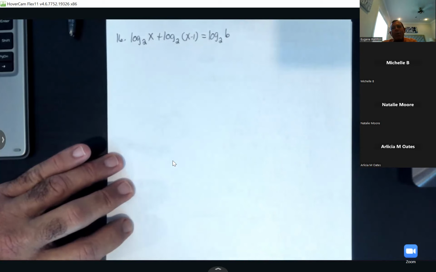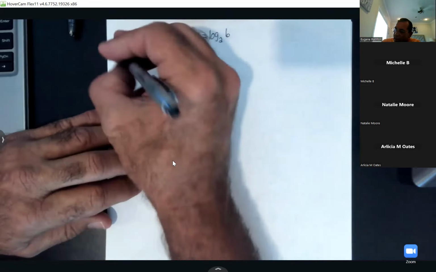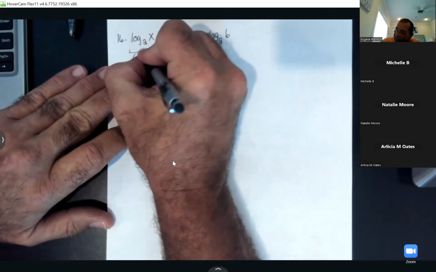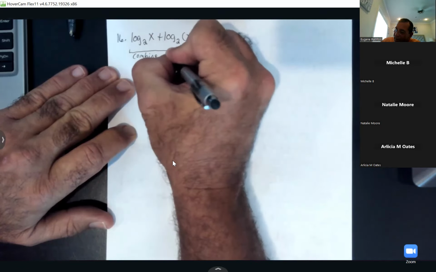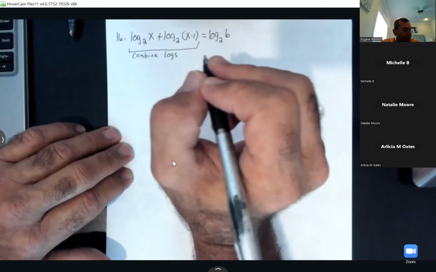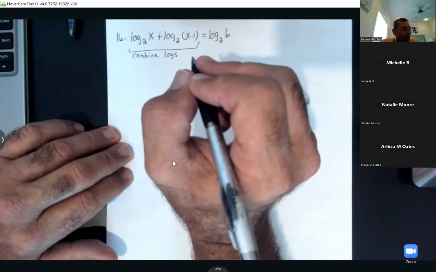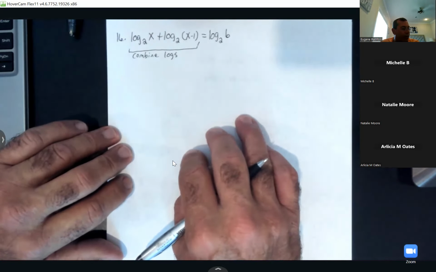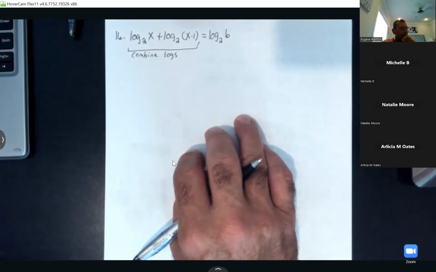So what's our first move? To combine. I'm going to combine logs. Good job. If we have the LNs, do we still combine? Yeah, but none of these have an LN on them. They shouldn't. My question gave them to me.